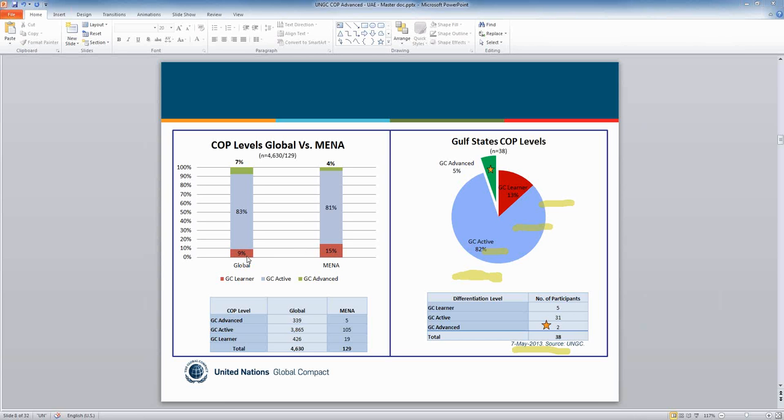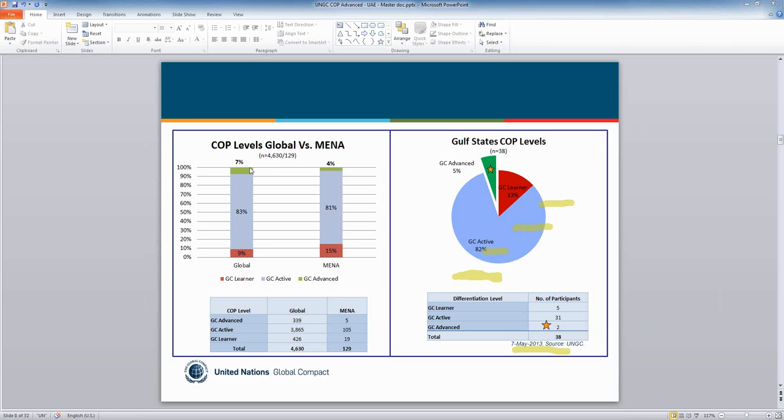At the global level, fewer companies are reporting at the learner level. Remember, this is the category where companies have missed one or more components. And in the MENA region, more companies are reporting without meeting the minimum requirements.